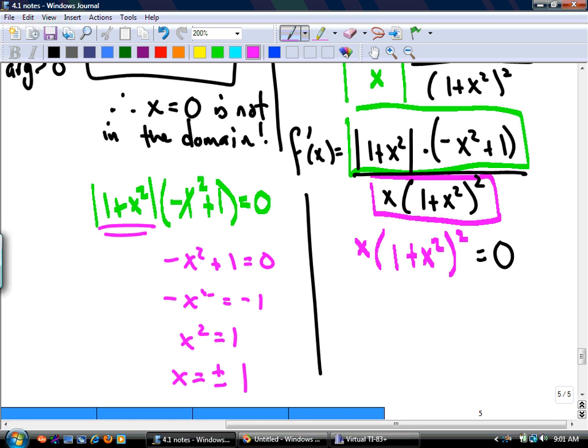Take a look at the picture. Do those answers work? x equals 1 and x equals -1 are both points on the graph on the left, are they not? Have we found those ones now?